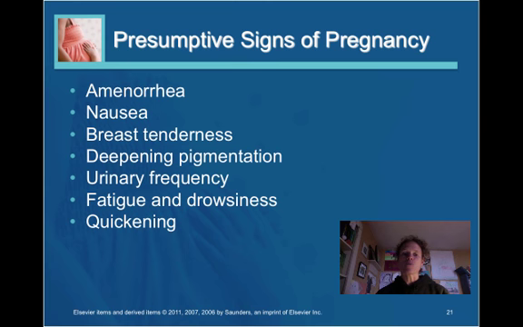Sometimes the patient will develop nausea, breast tenderness. Sometimes the patient will develop some darkening pigmentation. Sometimes they'll have urinary frequency, fatigue, drowsiness, and quickening, which is this sensation of kind of a movement in the abdomen.